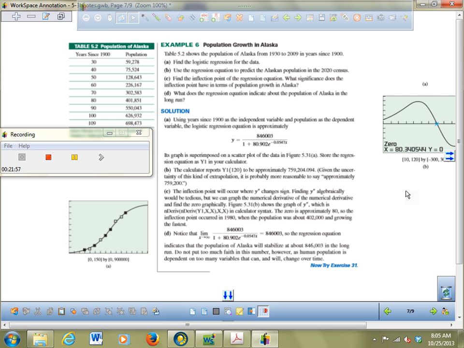So this is a graph of the second derivative of this logistic growth function. You know what a logistic growth function looks like? It goes up like this and then it levels off. So where the second derivative is 0, which means it's changing from positive to negative, that's the point at which the population growth is still increasing, but it's starting to go up slower.